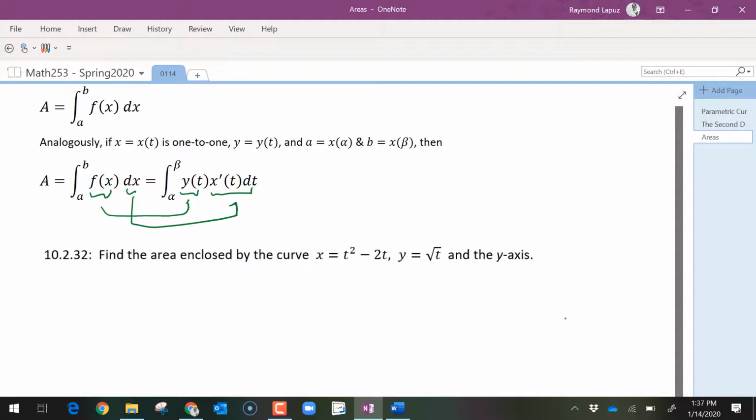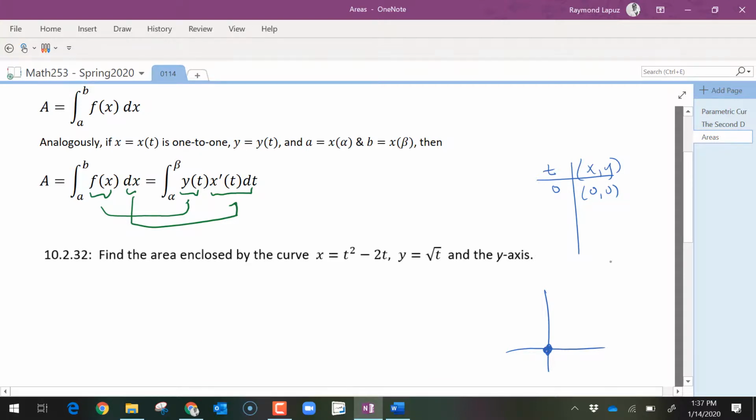I think I made fun of this last time when I said you don't have to make tables, but let's make a table. When t is equal to 0, you put it into x, you get 0. You put it into y, you get 0. So there's an intersection at 0, 0.